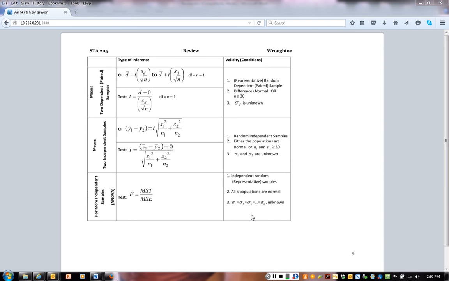Alright, the next chunk of the formula sheet, so I think now we're on the back of your actual formula sheet, involves the dependent or paired samples and the independent samples. So these two are covered in the same set of notes. That was our comparing a quantitative variable in 2 groups notes, which was week 11.